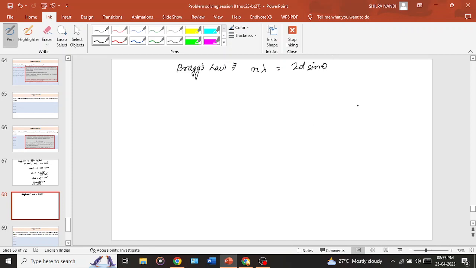So we have n as the positive integer, lambda is your wavelength, which in case of an X-ray source, if you are using copper K alpha, would be 1.54 angstrom. And from the question, this d spacing is given as 1.54 angstrom. So you have to find out what this theta is.